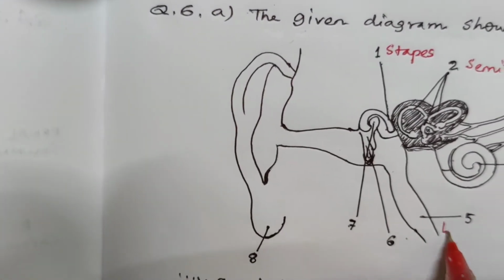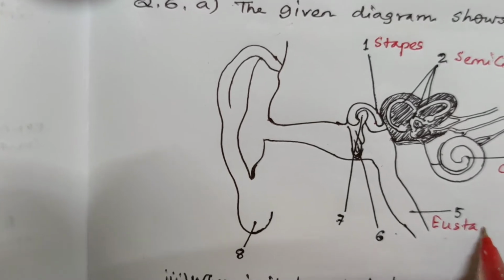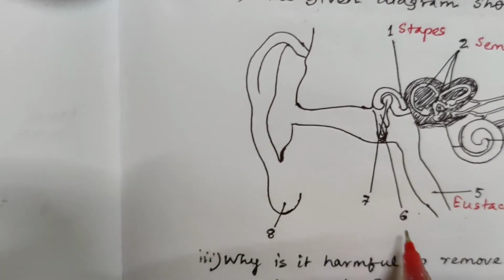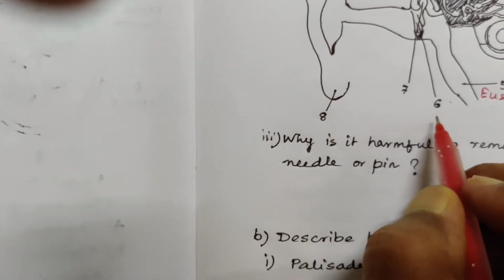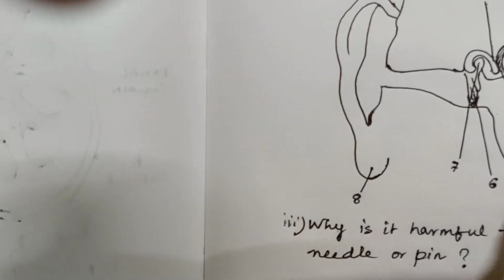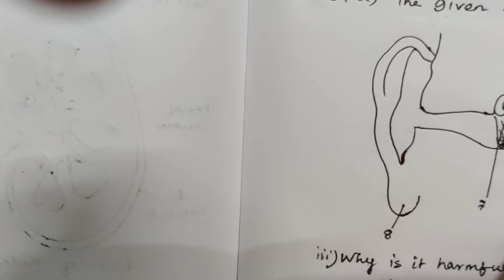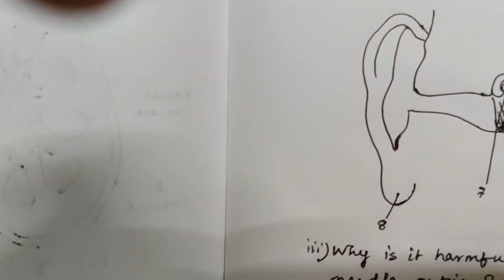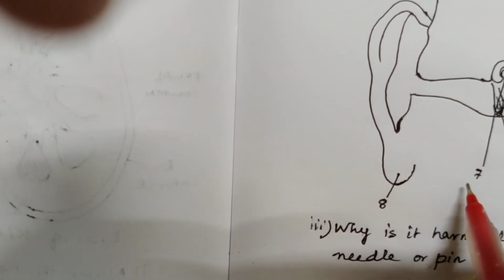Number 5. Eustachian tube. Number 6. Eardrum, tympanum. Number 7 is malleus, the first bone of the ossicles.